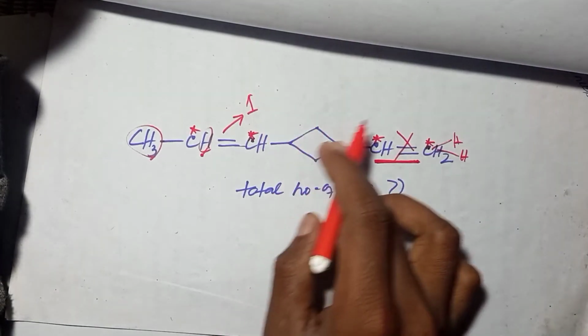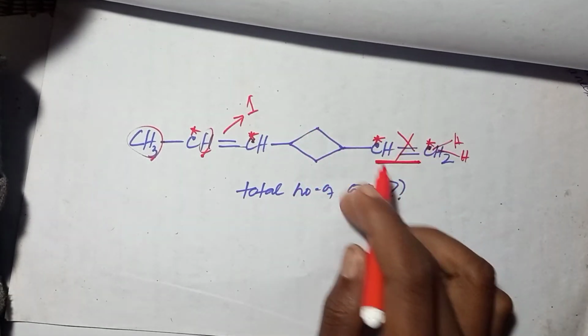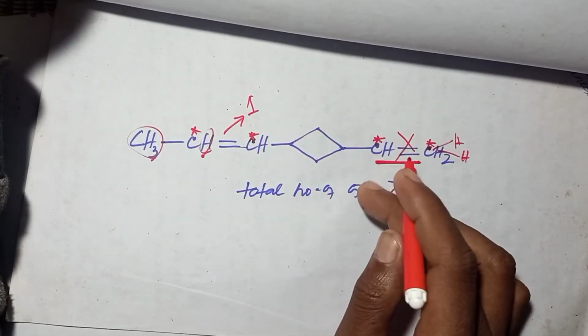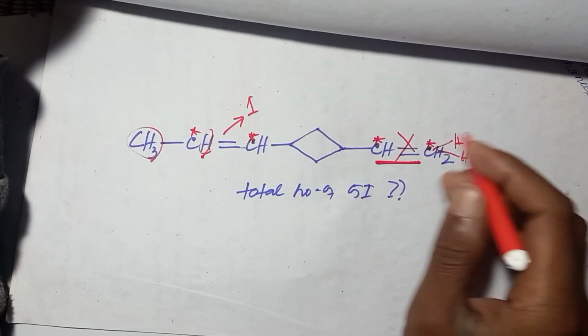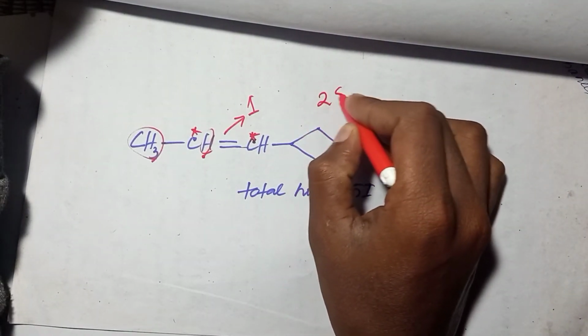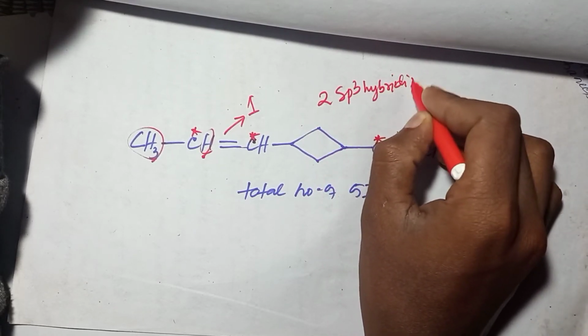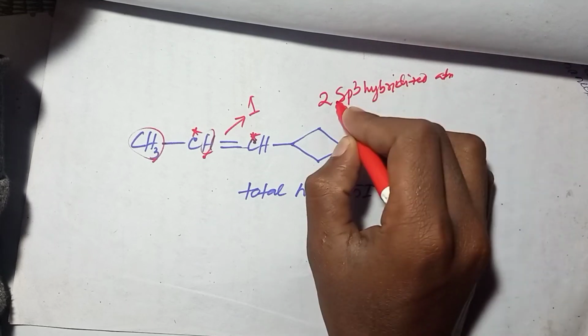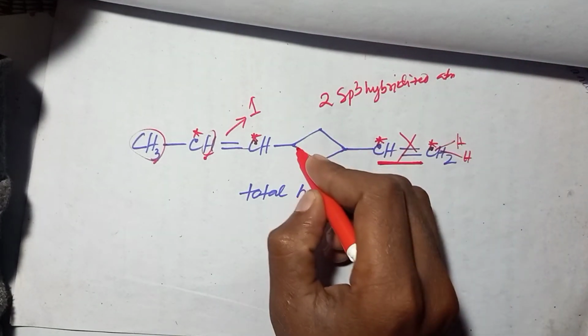Again here is a cyclic compound. This ring may show geometrical isomerism, and for a ring to show geometrical isomerism, the ring should contain at least 2 sp3 hybridized atoms, and each atom should be connected to 2 different groups individually.